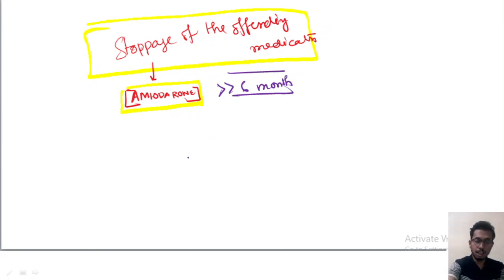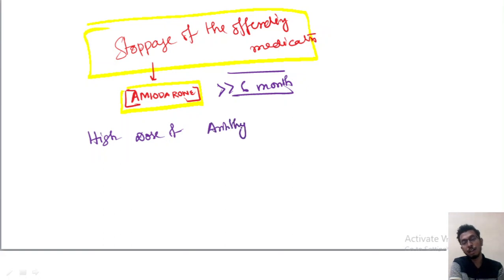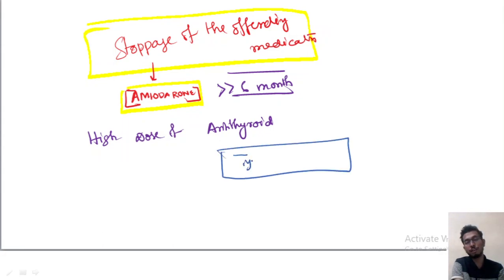Okay, so the next thing which can be tried is a high dose of antithyroid medication. Now, a high dose of antithyroid medication is more beneficial in type 1 than type 2. Why is it more beneficial in type 1? Obviously, in type 1 AIT, the main pathophysiology is increased production.